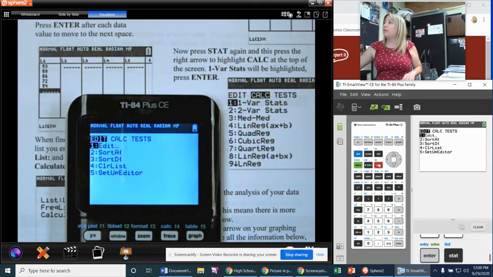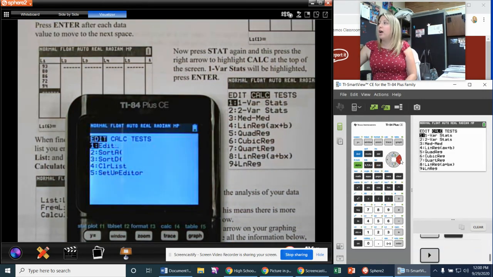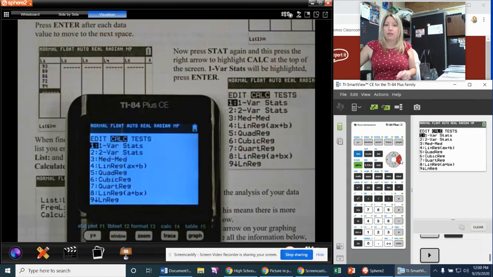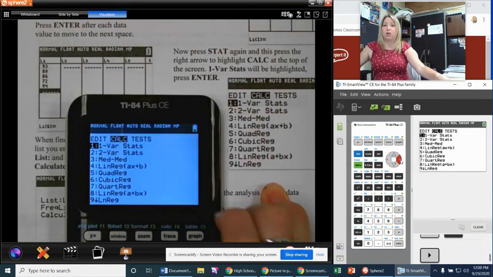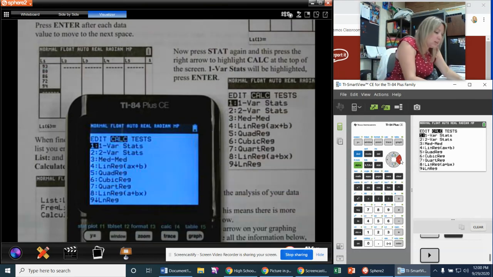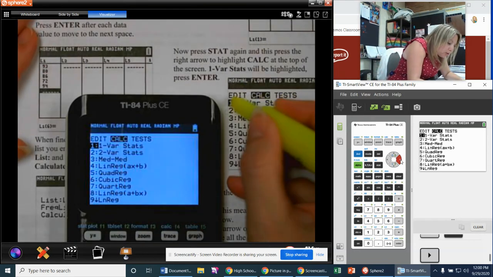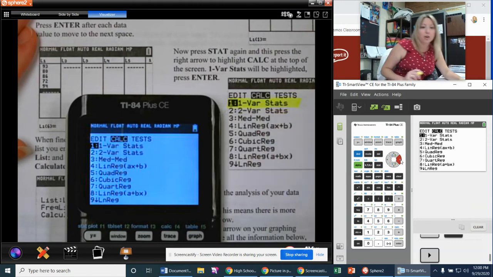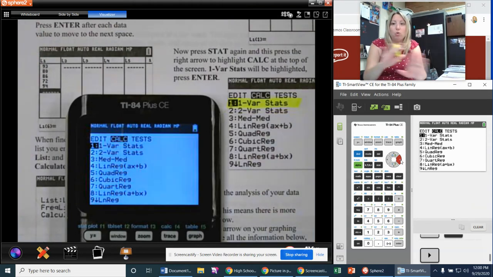Right now, edit is highlighted at the top. Now calc is highlighted, and this is the list of stuff you see. What's the only thing on this list you need for this entire chapter? Right here, 1 var stats. That is the only thing on this entire list you need for chapter 2.